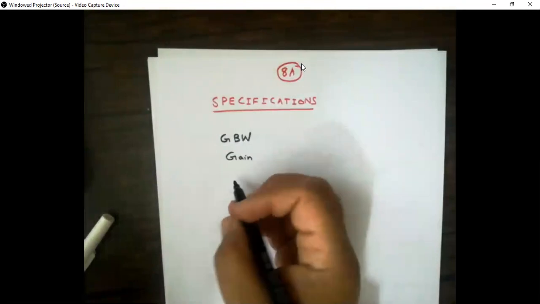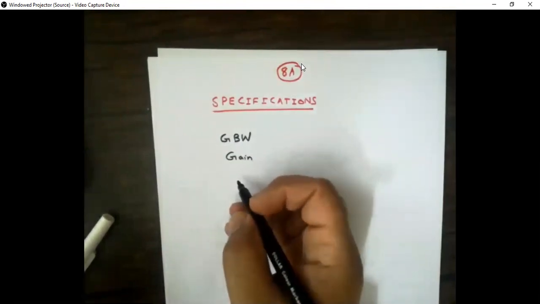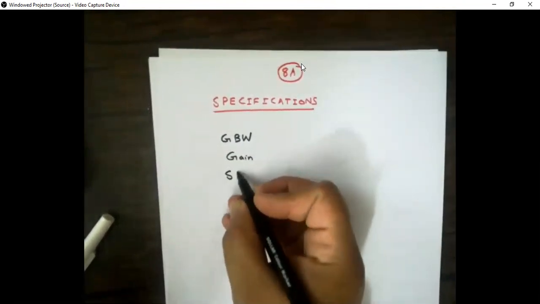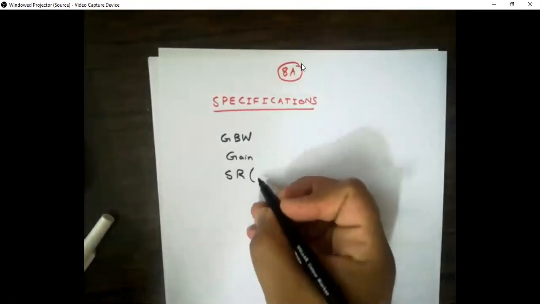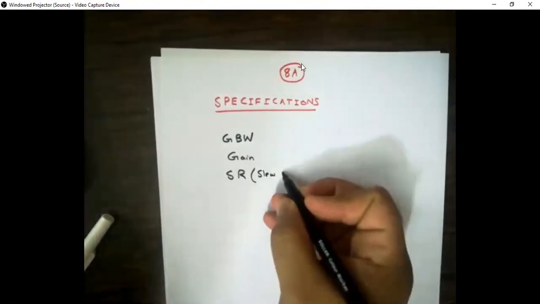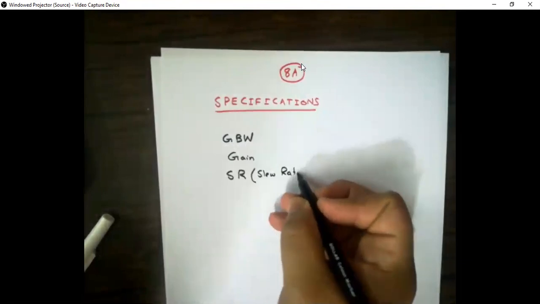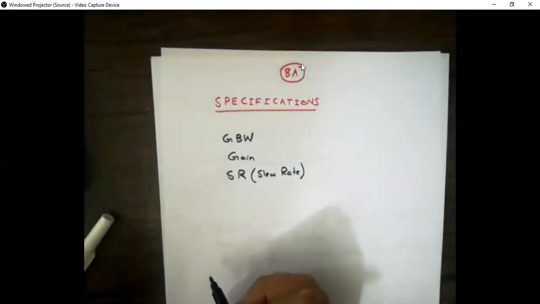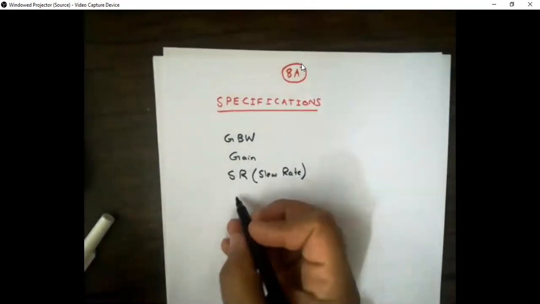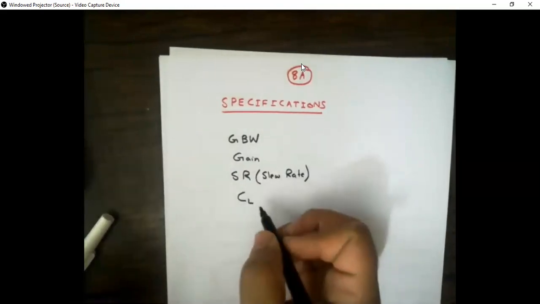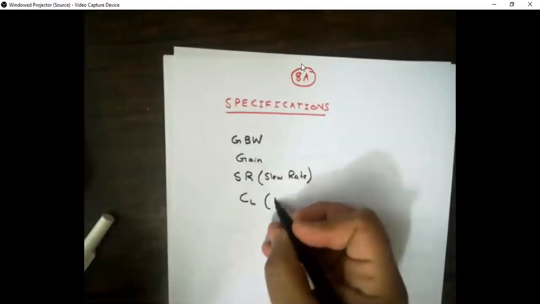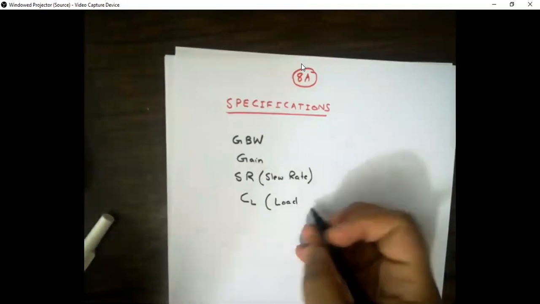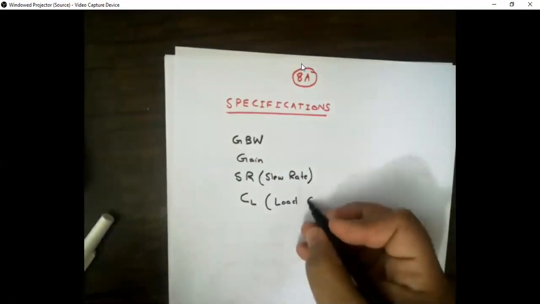What is, for example, my slew rate? After the slew rate, what is the value of load capacitance? Because load capacitance is something that is going to be provided to me as a designer. So that's also something which I will place as a load capacitance value.